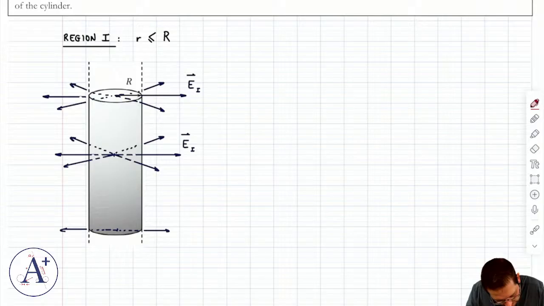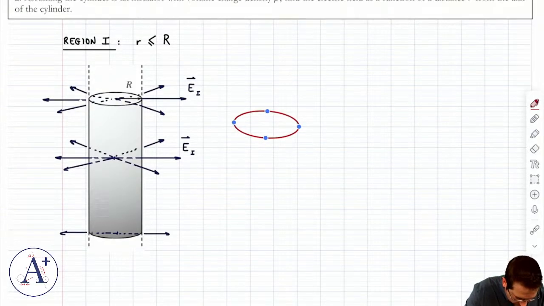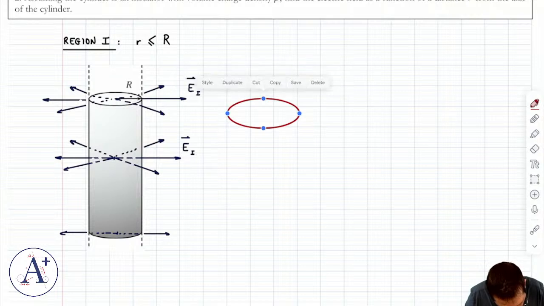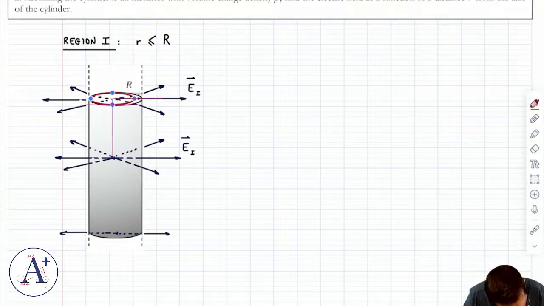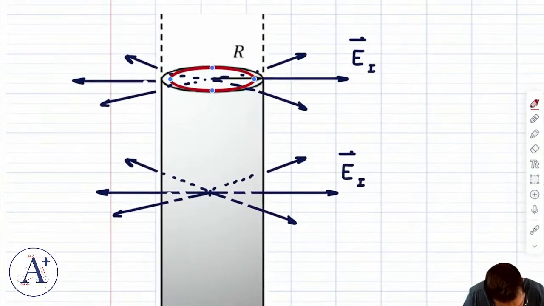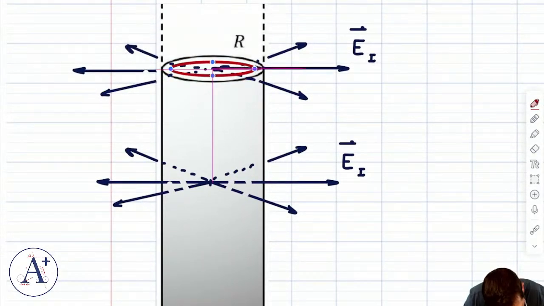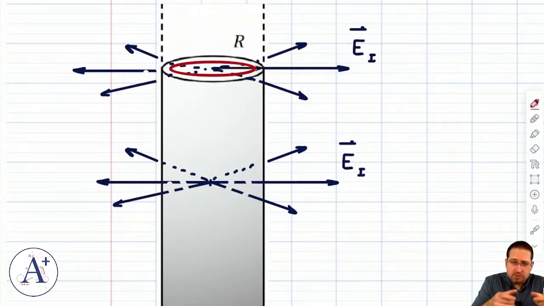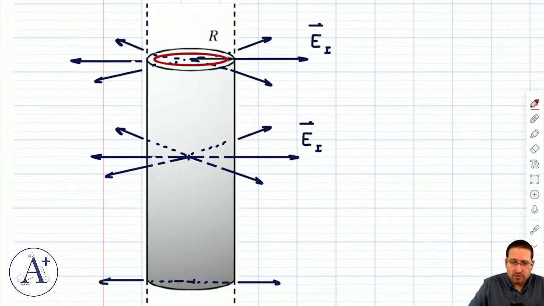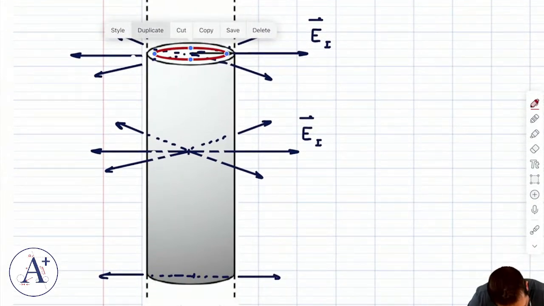Okay, and so I'm going to draw a Gaussian cylinder. And the thing is that my Gaussian cylinder, if I want to find the electric field in region 1, is going to have to live in region 1. So let's zoom in here so we see what we're doing. Okay, so I'm going to have to make it fit within my cylinder here.